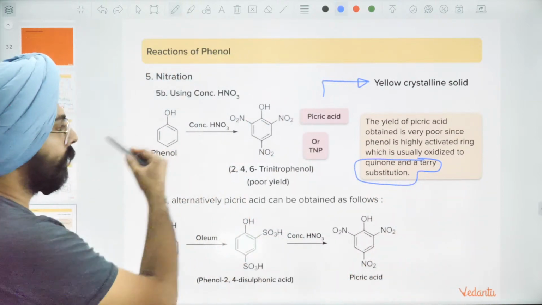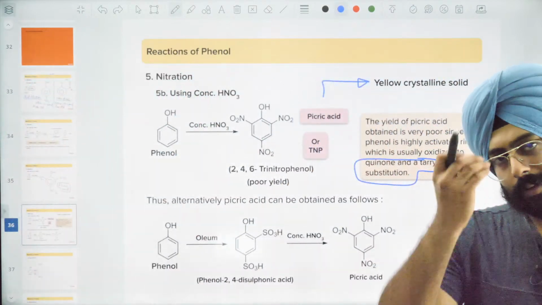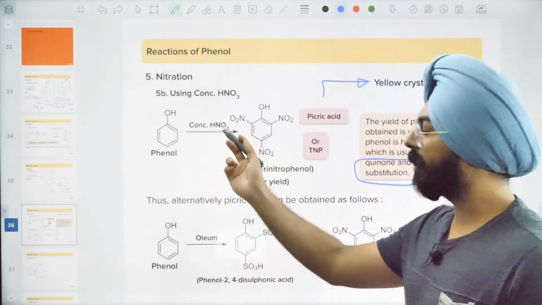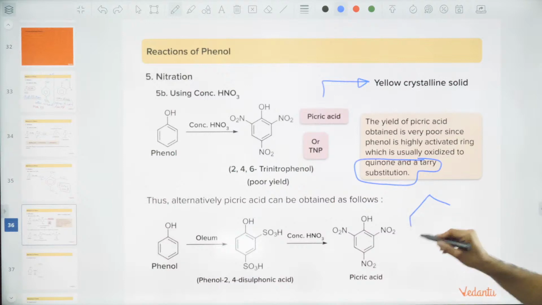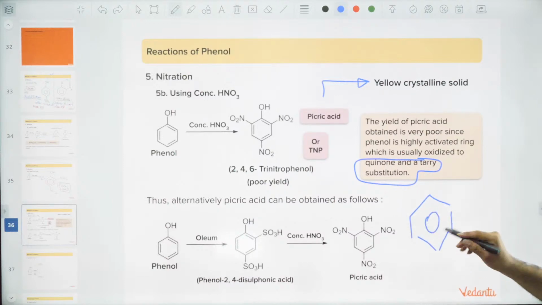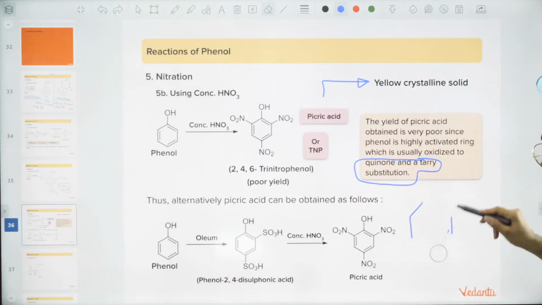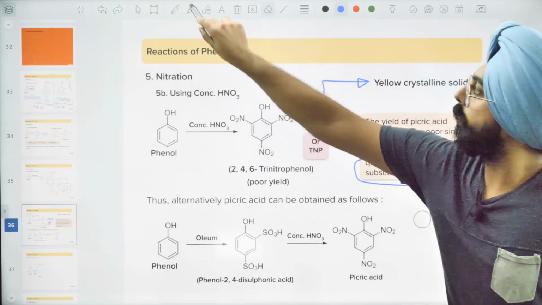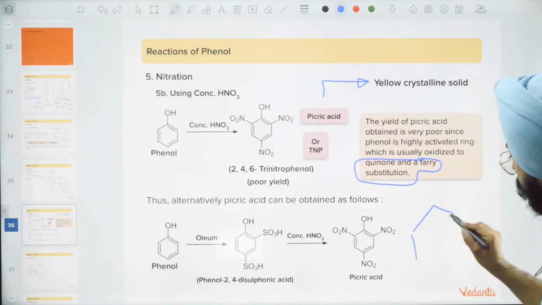See, as I told you earlier, you must be wondering if you've written these in your notes. I showed you that phenol with concentrated HNO3 can actually turn into quinone. We had just seen that phenol can be oxidized to quinone.